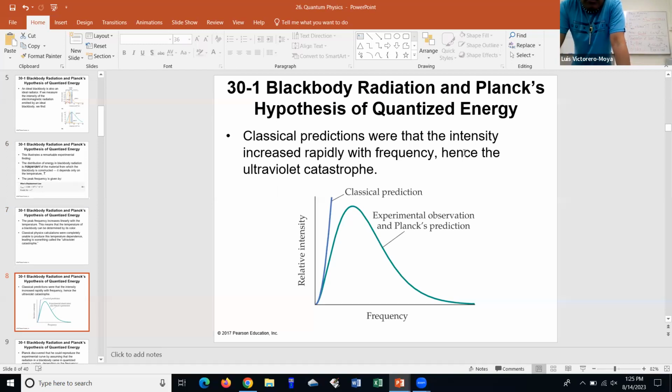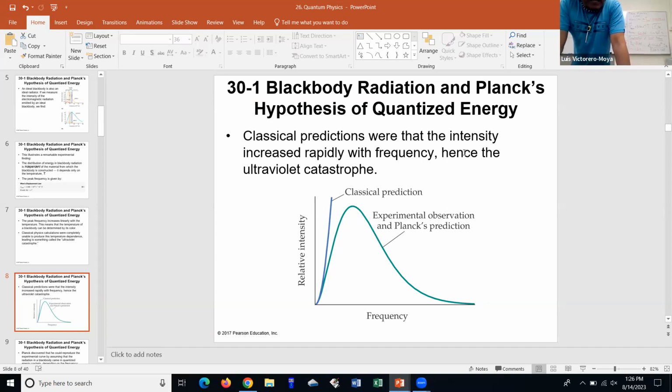Now, this is what I was talking about, the classical prediction, the experimental observations, and Planck's prediction. Planck's prediction fits very nicely with the observations that we have from objects radiating as black body radiators.